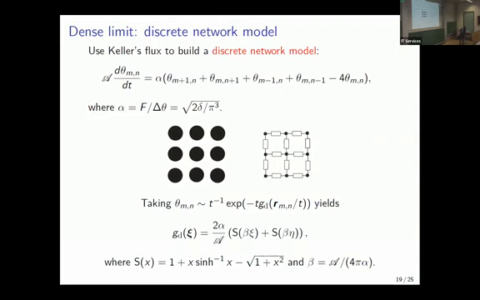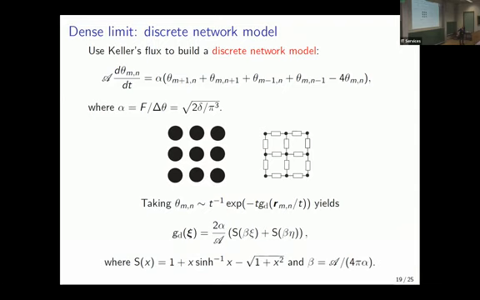In this fashion here, with alpha being the constant related to the total flux divided by the difference between the two concentrations, the two voids, that Keller obtained.